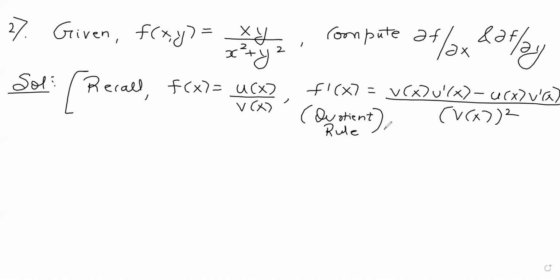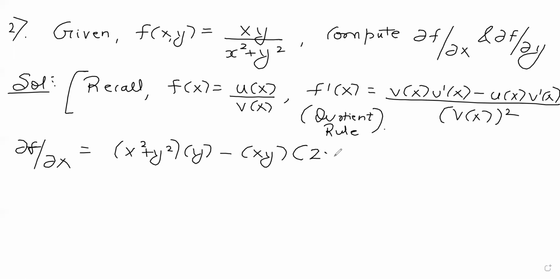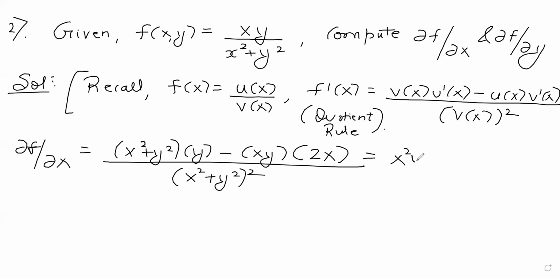Let's apply it to this question. If I have to find del f by del x, treat y as a constant. Denominator into numerator ka derivative minus numerator into denominator ka derivative upon denominator ka square comes out as x square y plus y cube minus 2x square y upon x square plus y square ka square.